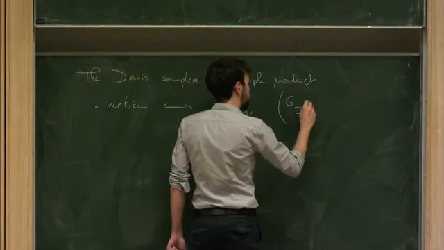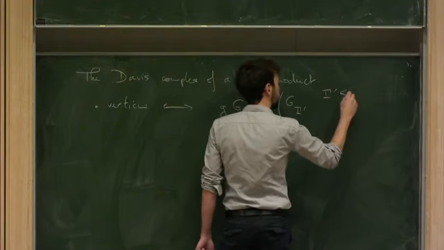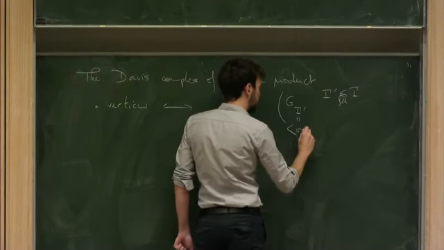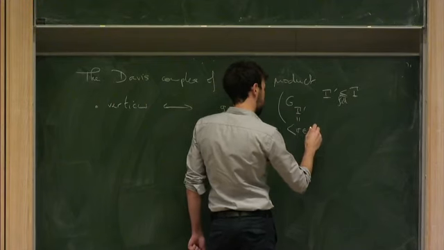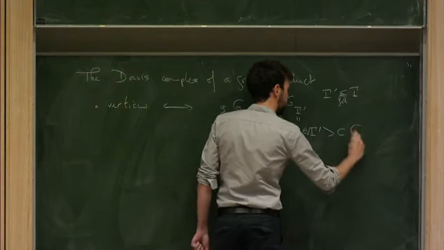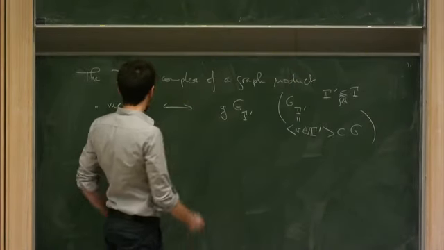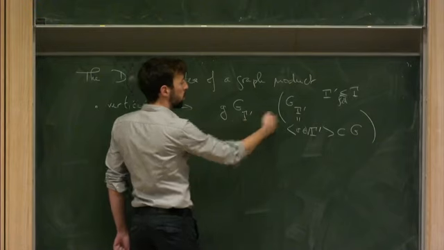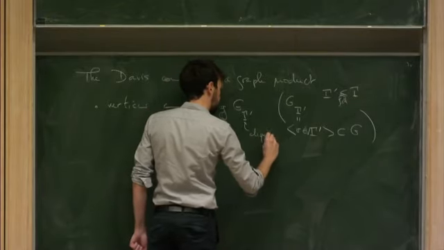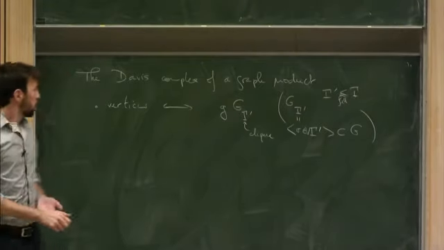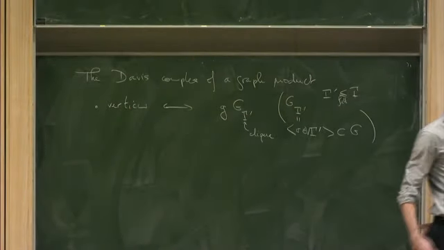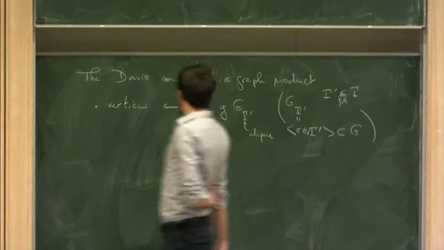Where G of gamma prime, for a full subgraph gamma prime of gamma, is the subgroup generated by the elements, the vertices of gamma prime, seen as a subgroup of G, and we want to take only the cosets that correspond to a full subgraph which is a clique. In the case of Coxeter groups, those are called spherical subgroups. So these are the vertices.